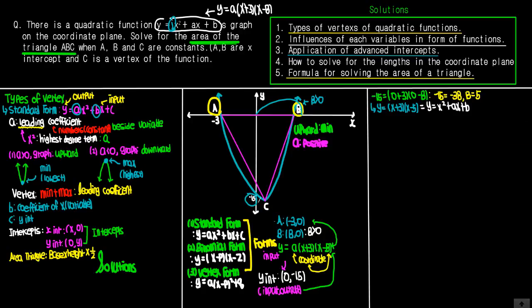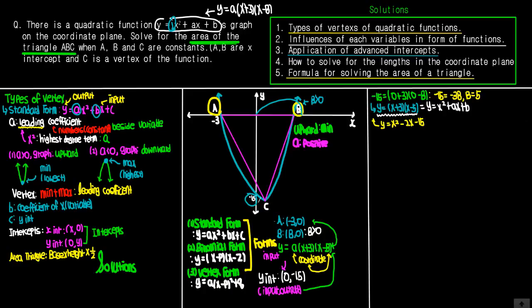Now let's simplify our binomial form into a standard form, because it is the easiest form. If you do, all you have to do is expand our expression. y is equal to x squared minus 2x minus 15.